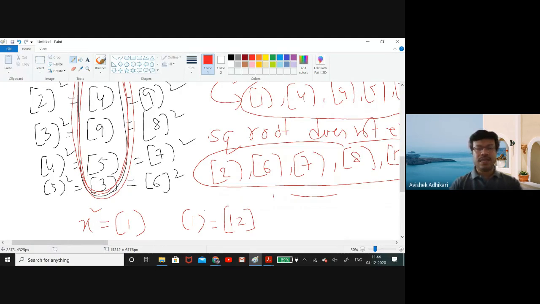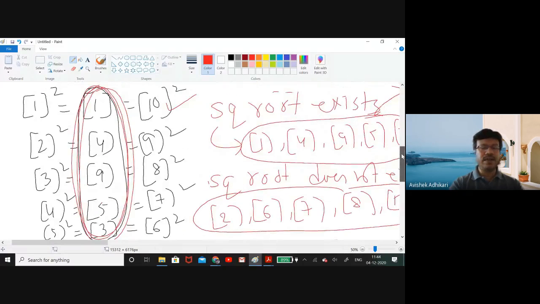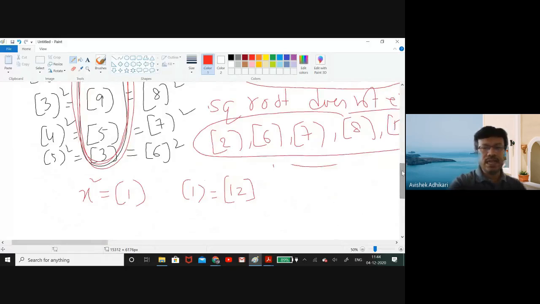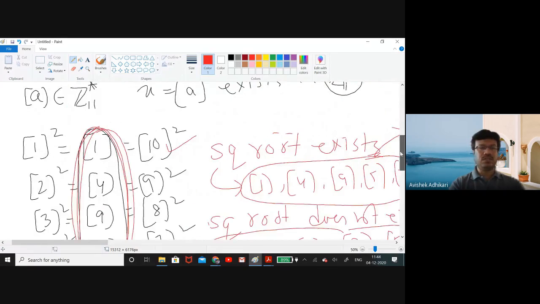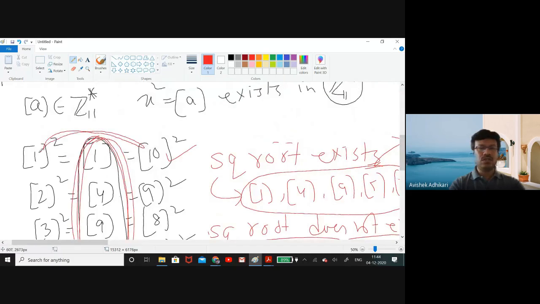As a result, there exist infinitely many solutions, but they are congruent. But the result says that if it has a solution, that means if that is a quadratic residue, then it should have exactly two incongruent solutions. So that is the result.